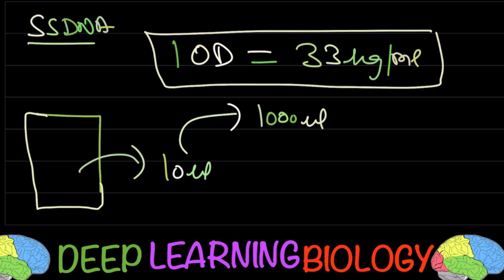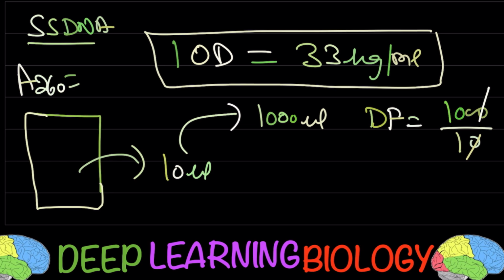So what is the dilution factor? It is 1000 divided by 10. You have diluted it 100 times. Absorbance at 260 is 0.125.